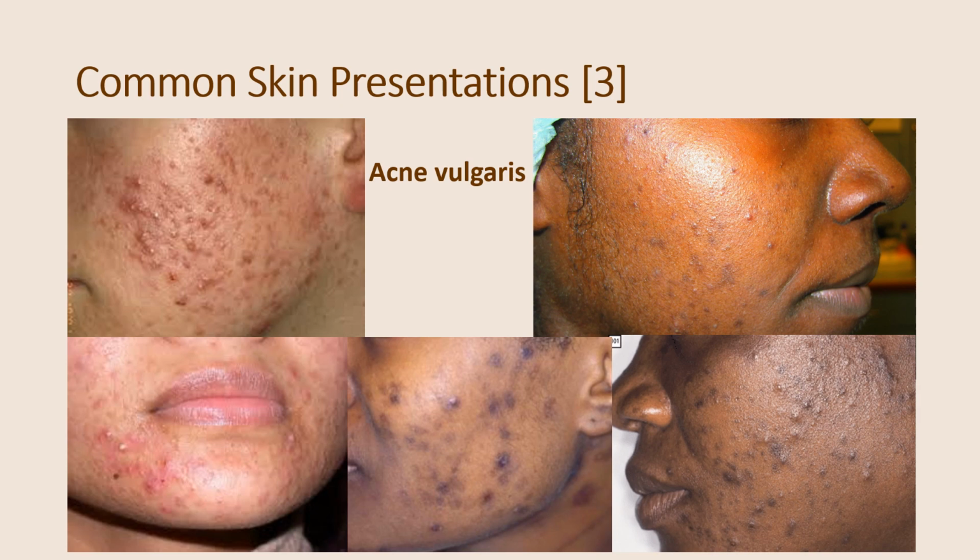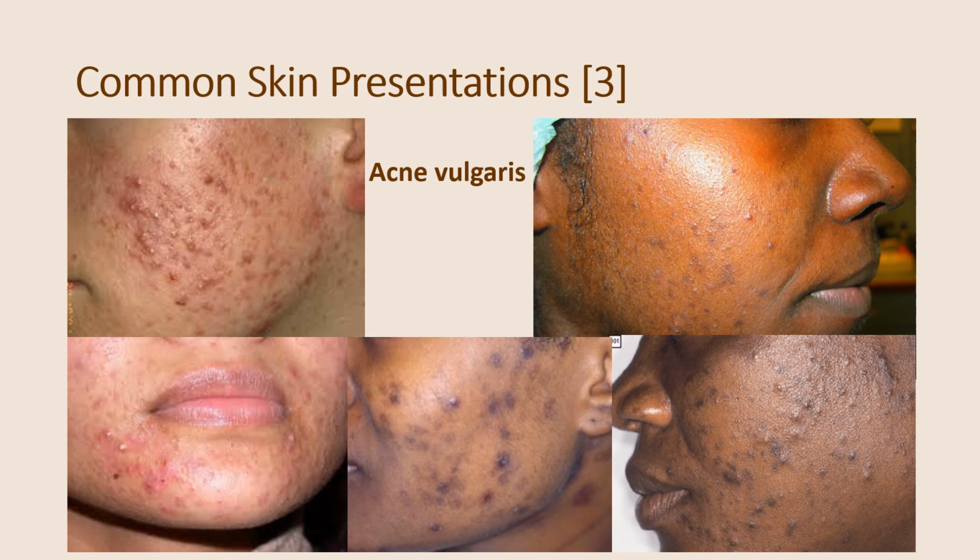However, you can also appreciate that there are areas of darkened skin or post-inflammatory hyperpigmentation. This is a complication of acne, which patients with skin of colour are much more prone to. It can be very disfiguring and distressing for patients, as once their active acne has cleared, they are left with an uneven skin tone.